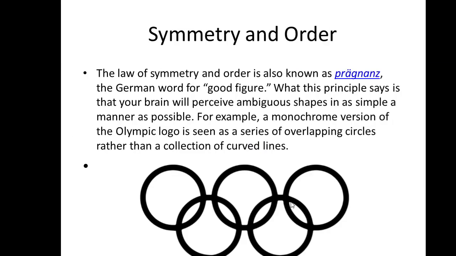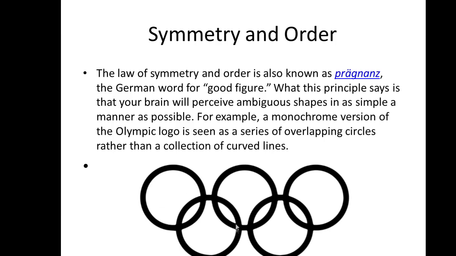You also have symmetry and order. The law of symmetry and order is also known as Prägnanz, the German word for good figure. What this principle says is that your brain will perceive ambiguous shapes in as simple a manner as possible. For example, a monochrome version of the Olympic logo is seen as a series of overlapping circles.